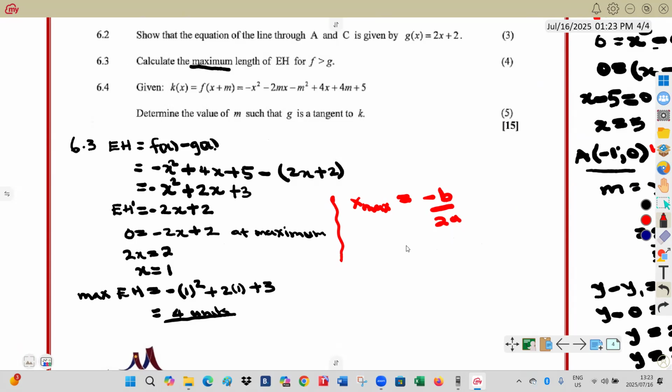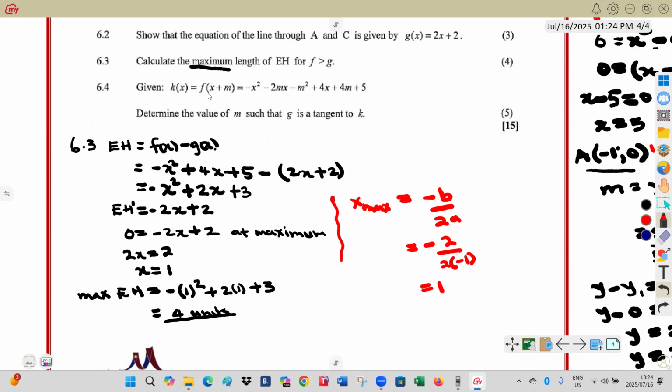So this is equal to minus our b, which is 2, over 2 times our a, which is negative 1. When you substitute and simplify, we are getting 1. Then once you get this 1, you substitute in EH to get the maximum value of EH.